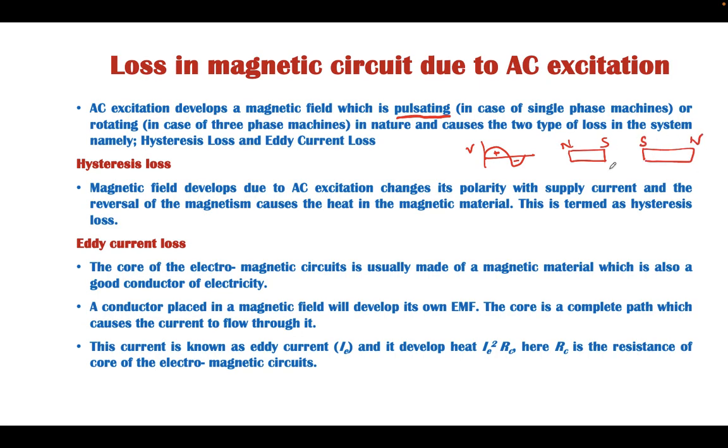Hence this is pulsating in nature and causes two types of loss in the system. The first loss is hysteresis loss, and the second is known as eddy current loss.